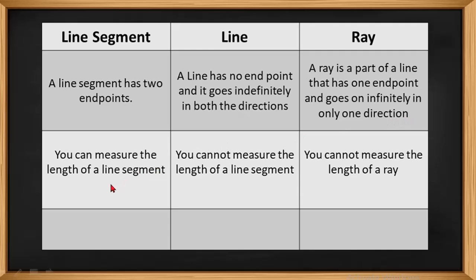We have already discussed this. You can measure the length of a line segment. In case of a line you cannot measure, and in case of a ray also you cannot measure. So these are the figures.